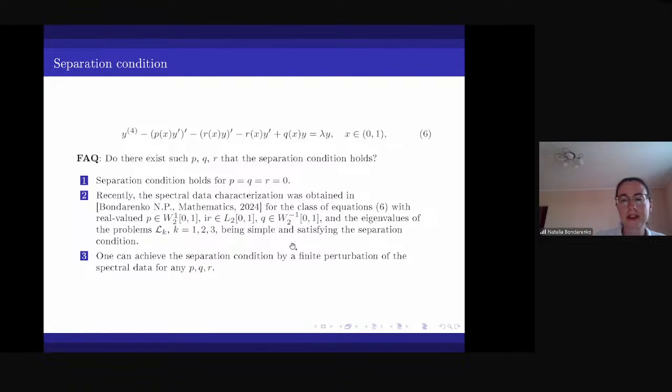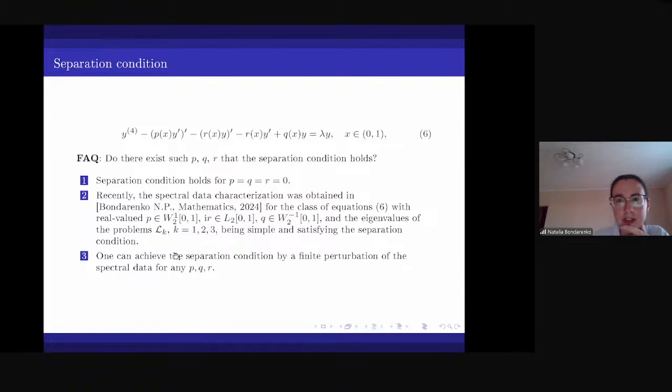And for this class, the separation condition is also assumed. So there is a complete spectral data characterization for this class. And now I will not discuss this result in detail. It is published in my paper of this year in the journal Mathematics.